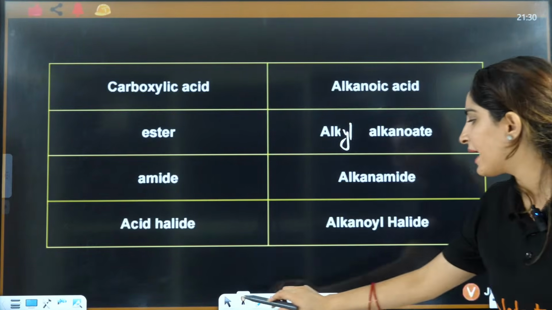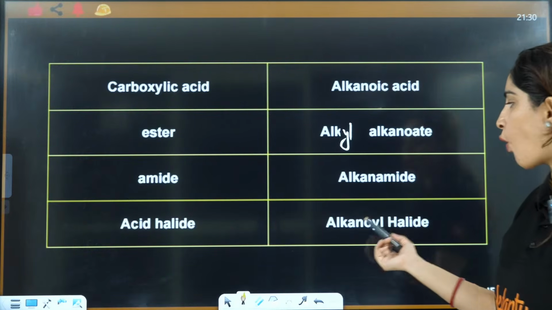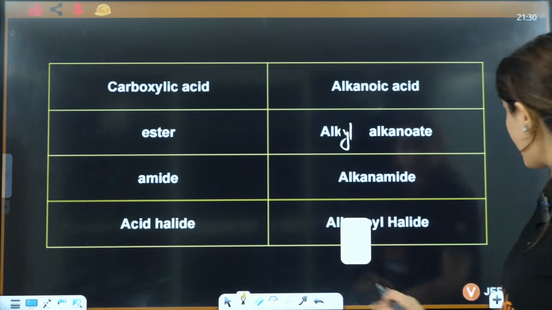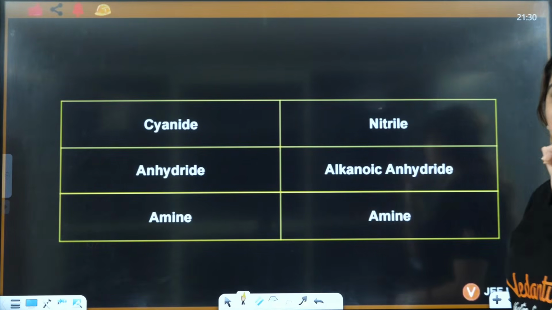Then there is amide, that is an alkanamide. Then acid halide is oyl halide, right? That we have discussed, right? Cyanide we will write as nitrile.